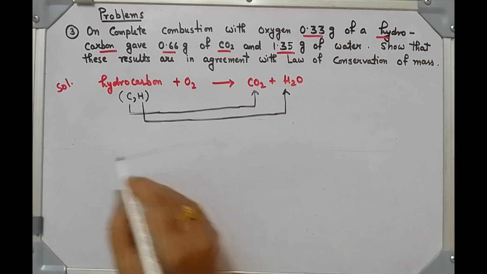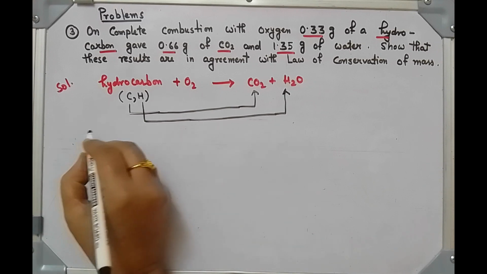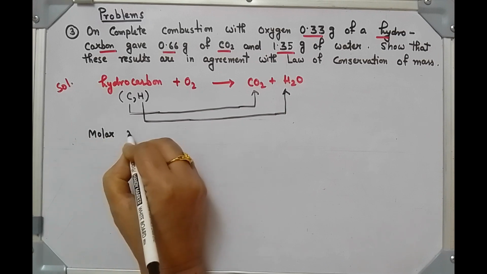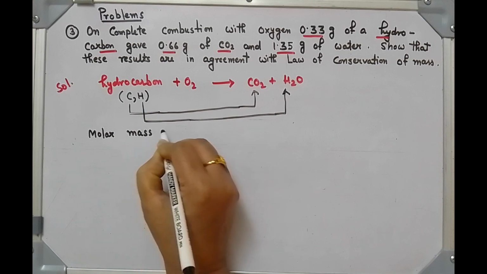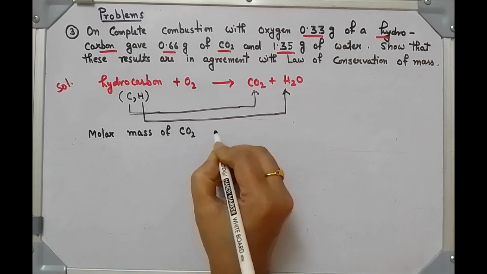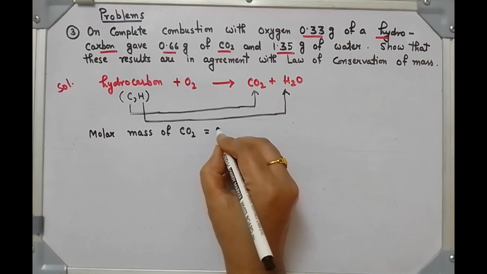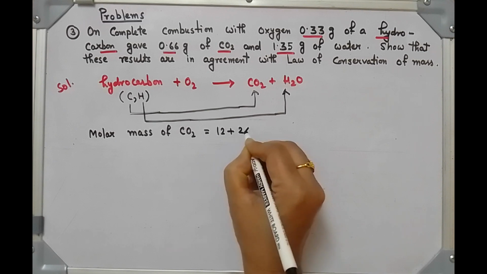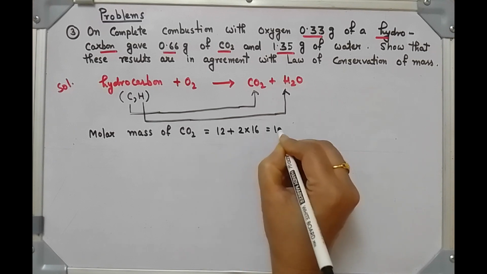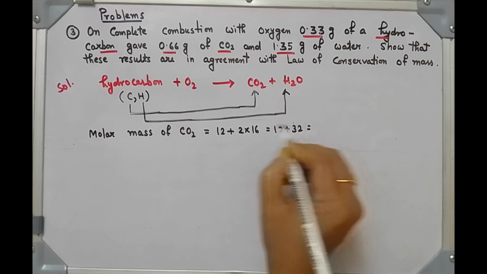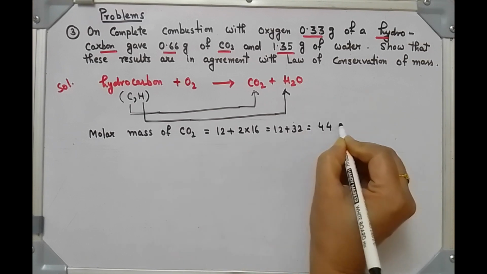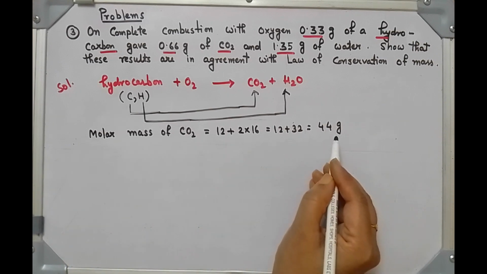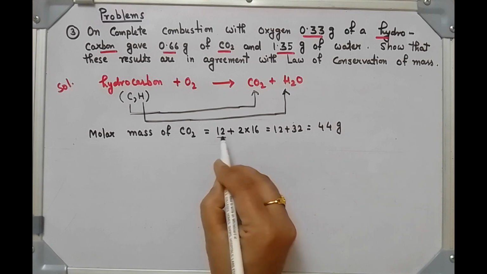So what we have to do? First we have to find out the molar mass of carbon dioxide. You know atomic mass of carbon is 12. For each oxygen, atomic mass is 16. 2 oxygen atoms are here. So, molar mass we are getting 44 gram. So, 44 gram of carbon dioxide contain carbon 12 gram.